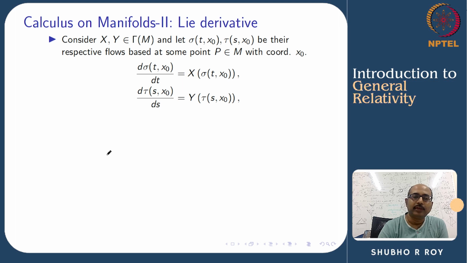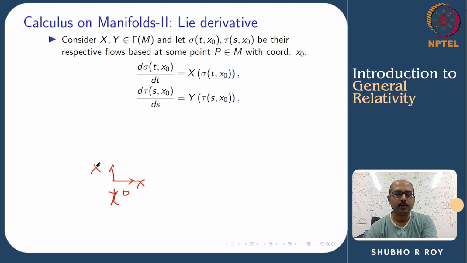The setting is such that you have some initial point x0, and then you have two smooth vector fields X and Y. Let me redraw this. At this point, I have a vector X and I have a vector Y. Of course, these are vector fields, so they're defined at all points, not just at x naught.